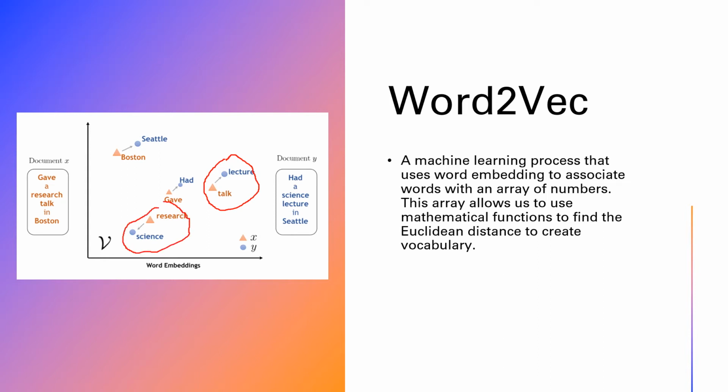So we can use this to create a vocabulary. Now, word2vec has been combined with big data tools to learn semantic relationships, such as Paris is in France and Berlin is in Germany. So this is a very useful tool.